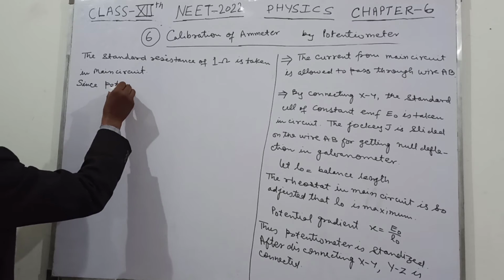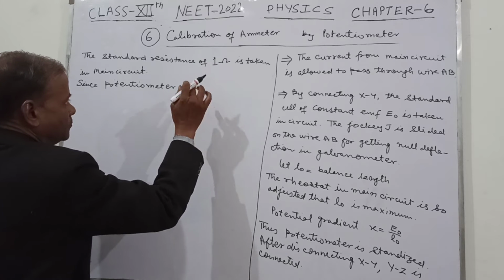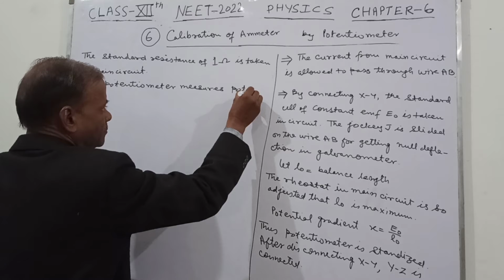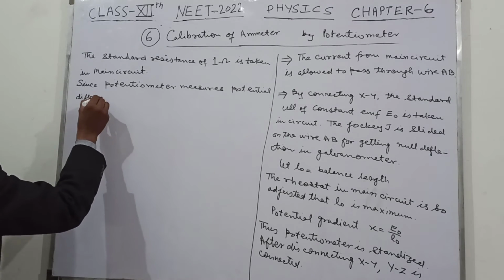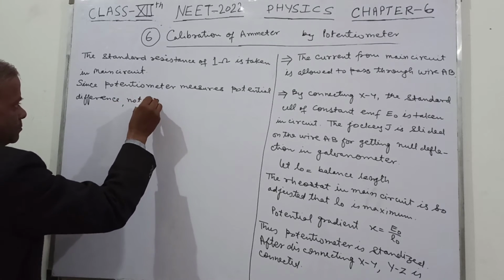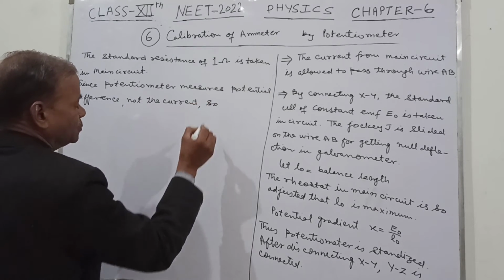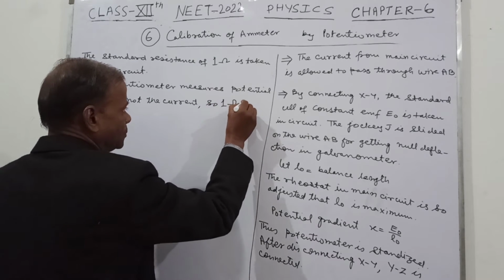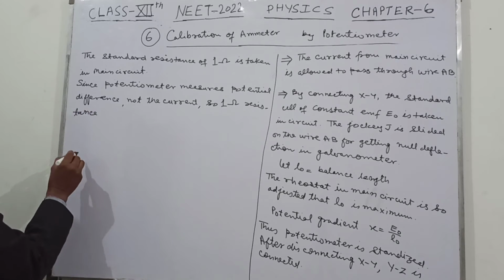Since potentiometer measures potential difference, not the current, the 1 ohm resistance is taken.